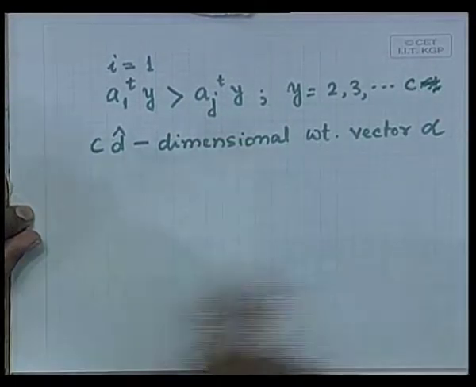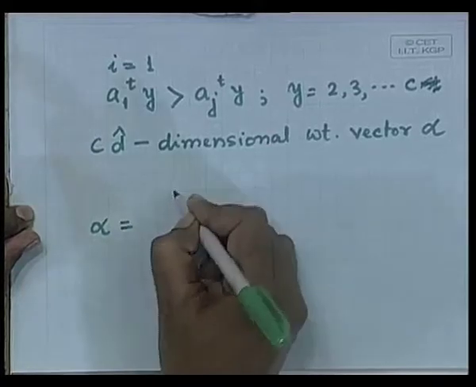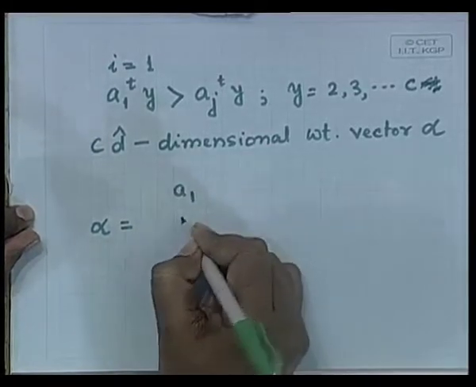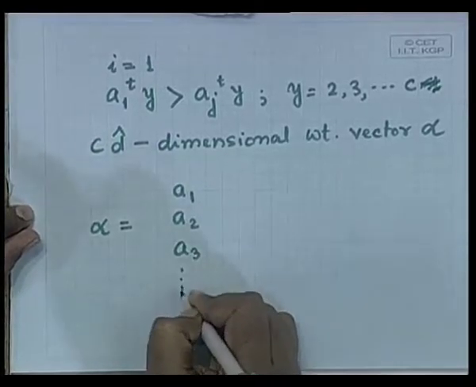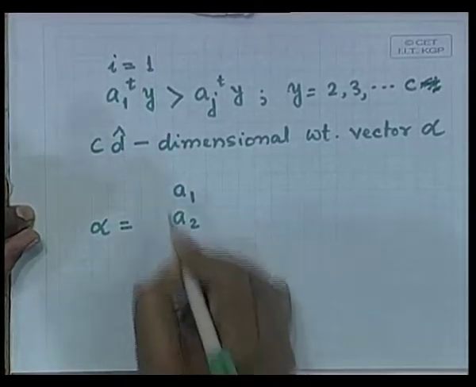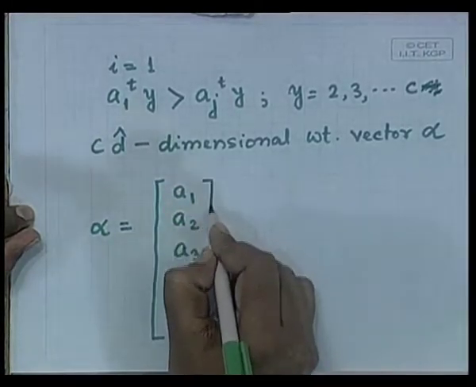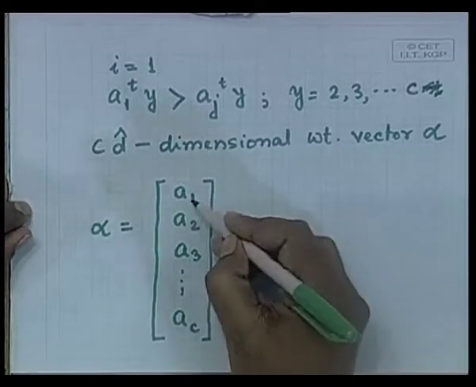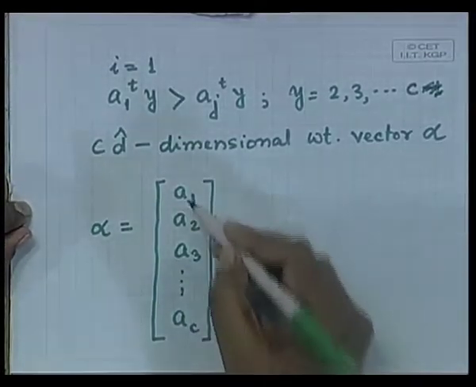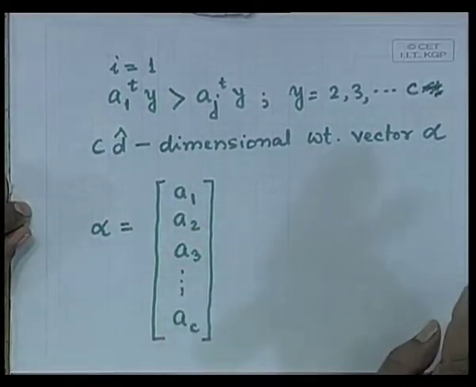Now, what is this alpha? This alpha will be nothing but a 1, a 2, a 3 up to a c. This is my weight vector alpha. Each of these weight vectors a 1, a 2, a 3 up to a c is d hat dimensional.